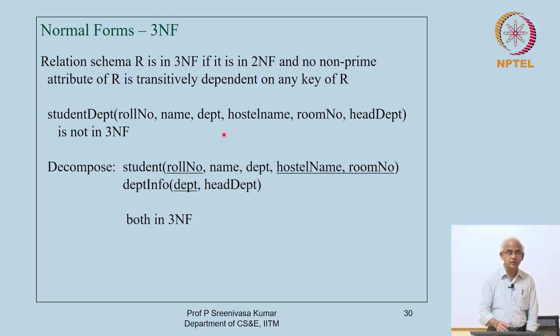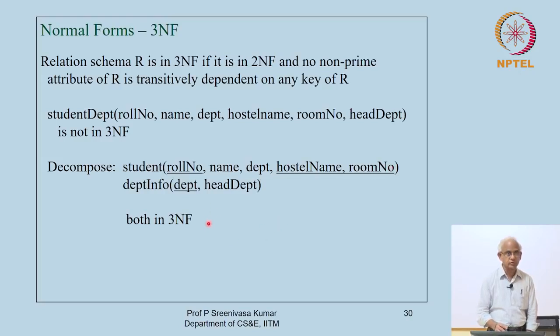Again the remedy is similar. Take out the department and head of the department and put them in a separate relation. Department info is a new relation that we create, with department and head of the department information there, and the rest of the information will be here.